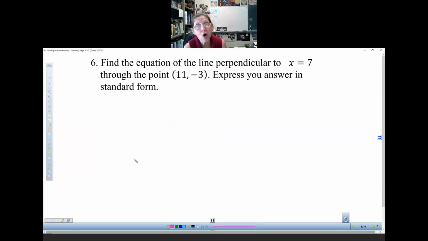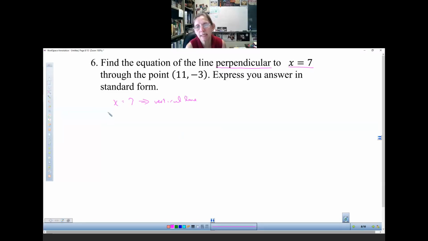So now we want to find the equation of the line which is perpendicular to this x equals 7 and passing through this point. Okay, so we've already established that x equals 7 is a vertical line, right? We got that part. What kind of line is perpendicular to a vertical line? I said this earlier.